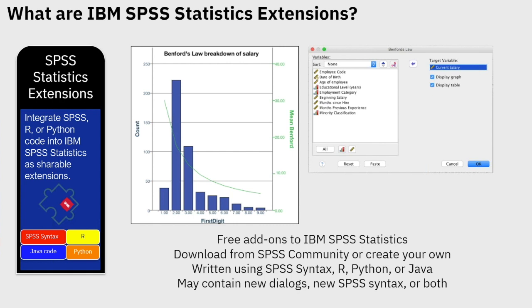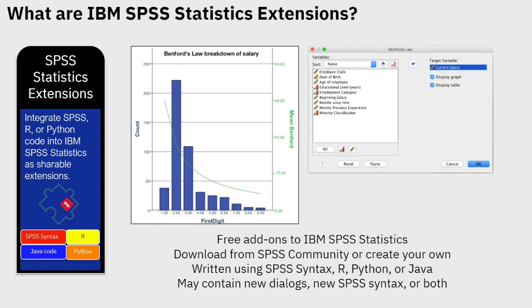There's actually a tab at the top now for SPSS extensions where you can just go in, look at it, find something that you might have been writing in syntax before or you've always wanted to try, like Benford's law breakdown, and be able to pull those into SPSS just to use with a click of a button now. So great ways to do it.